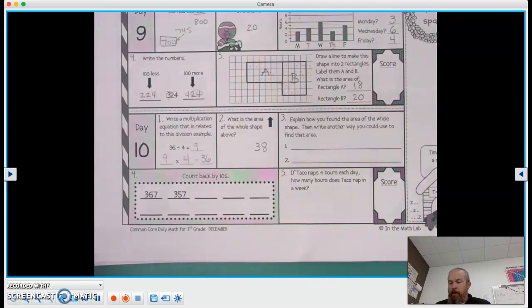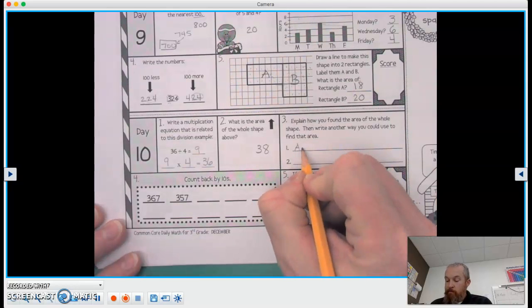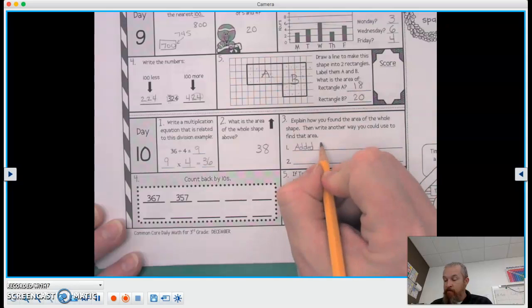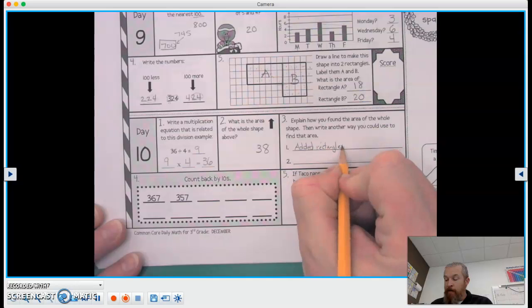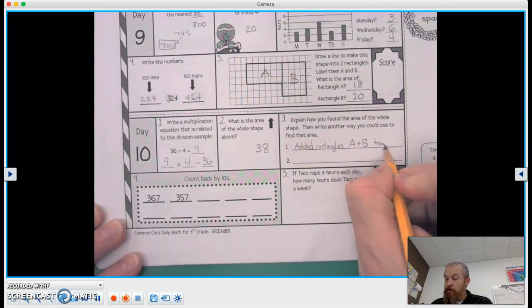Explain how you found the area of the whole shape. Then write another way you could use to find that area. So one way is we added rectangles A and B together.